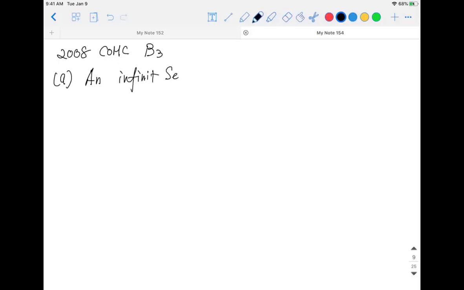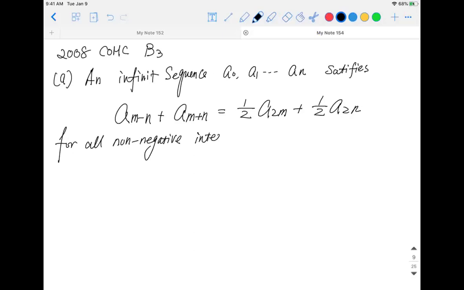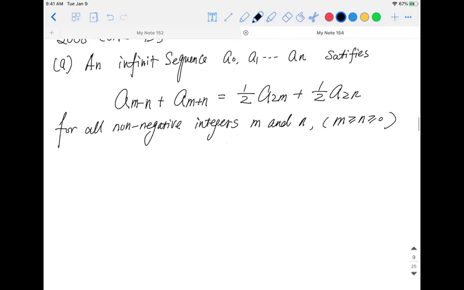An infinite sequence, A0, A1, all the way to A whatever, satisfies the following: A(m minus n) plus A(m plus n) equals 1 over 2 times (A2m plus A2n), for all non-negative integers m and n, where m is greater than or equal to n, which is greater than or equal to 0.